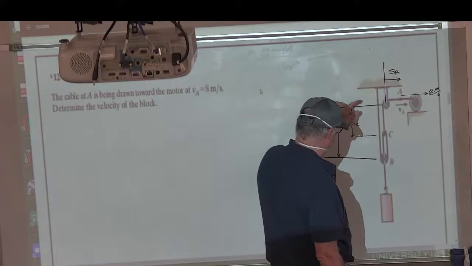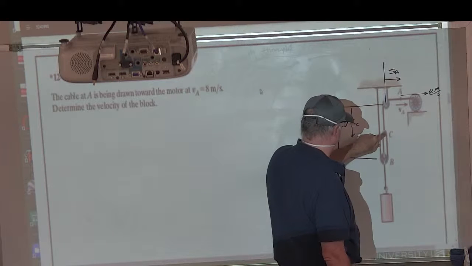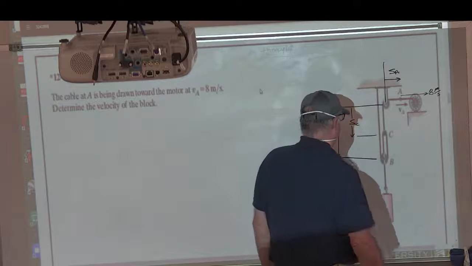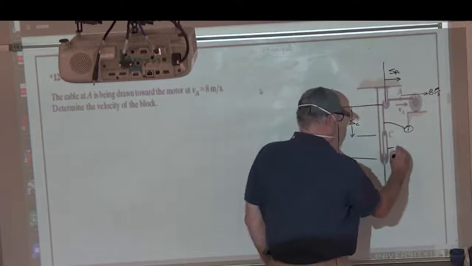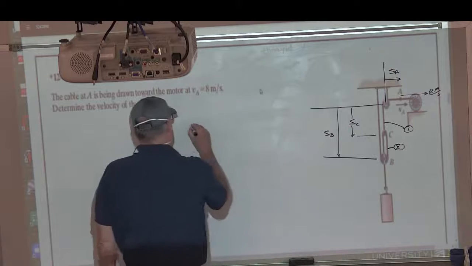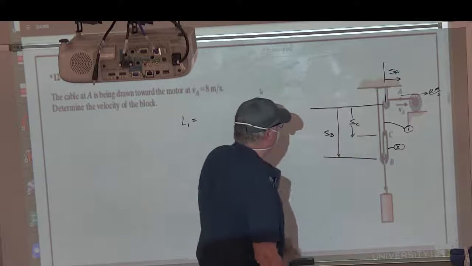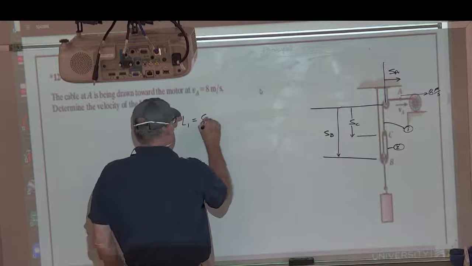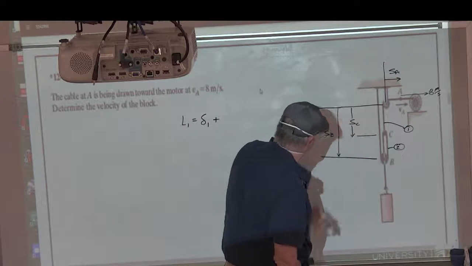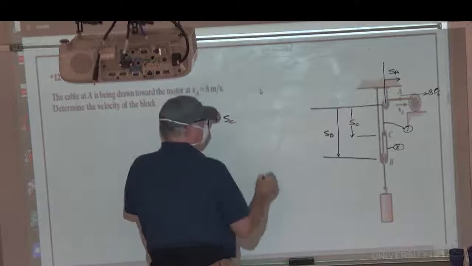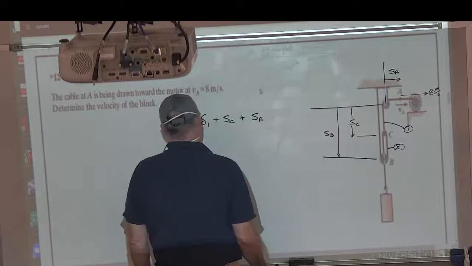How many ropes? It looks like I have 2. I have one that's joined from the center of this pulley over the top to there. I will label it 1, and I will label the other one 2. Then the length of 1 is equal to the delta of 1, plus the length from here to here, SC, and a length there and there, plus SA.